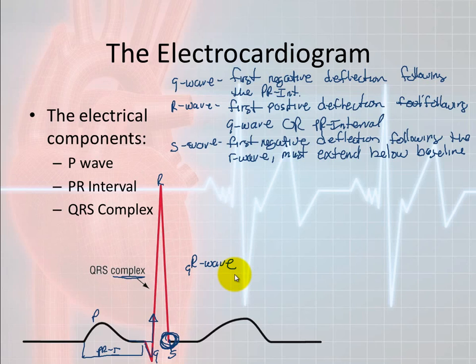So just to give a little bit of examples here, let's say you have a P wave and then it goes up, it goes down, and then it goes into your T wave. The type of QRS complex this would be is you have an R wave and you have an S wave, so this would be an RS wave. So you can see there's a little bit of difference here.